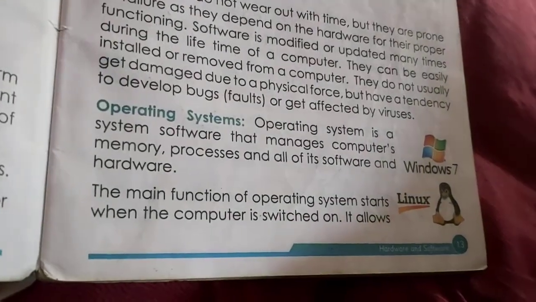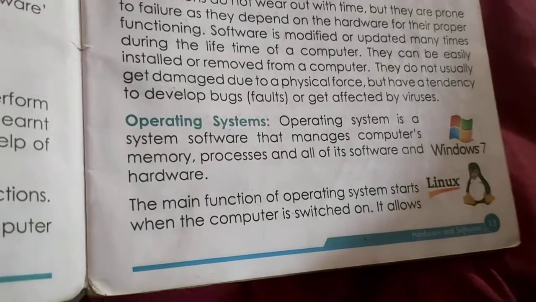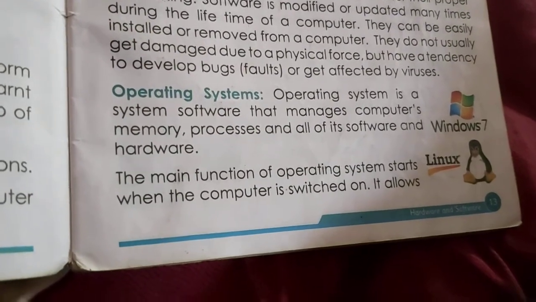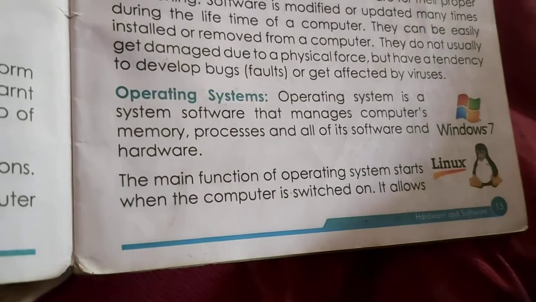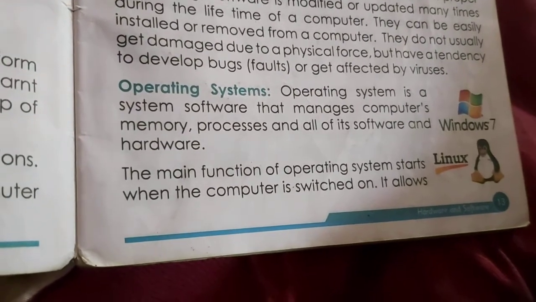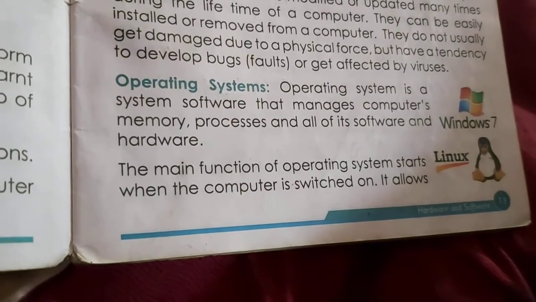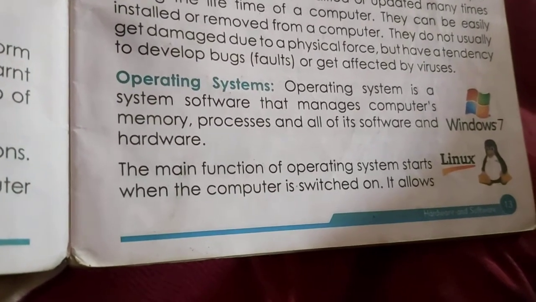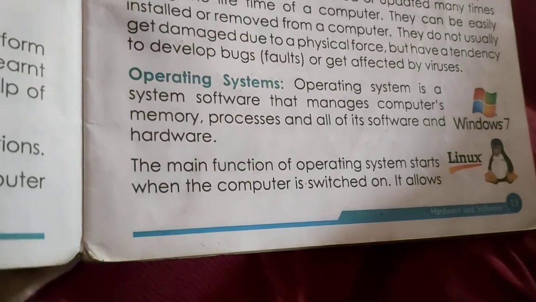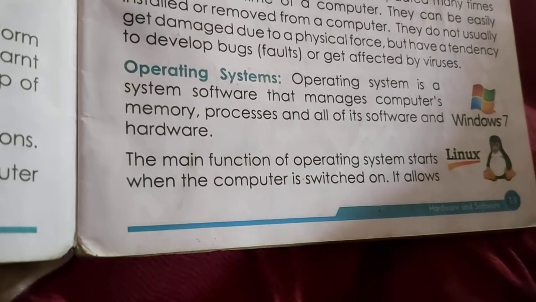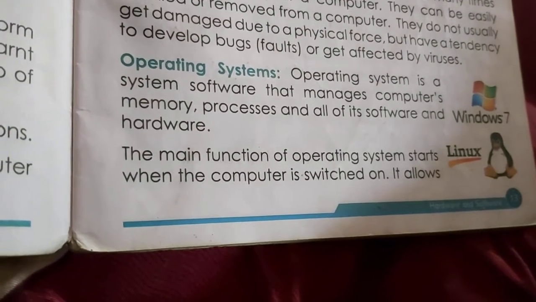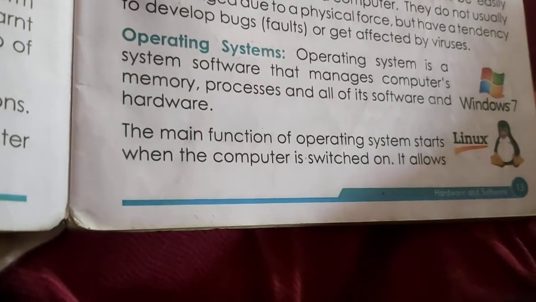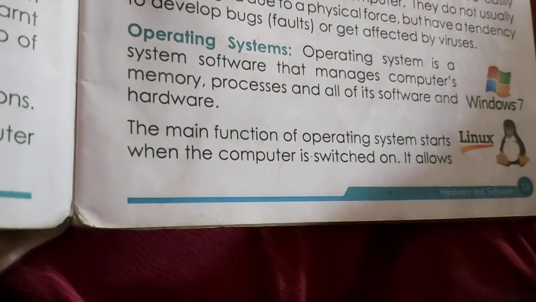Now, operating system. An operating system is a system software that manages the computer's memory, processes, and all of its software and hardware. The main function of the operating system starts when the computer is switched on.